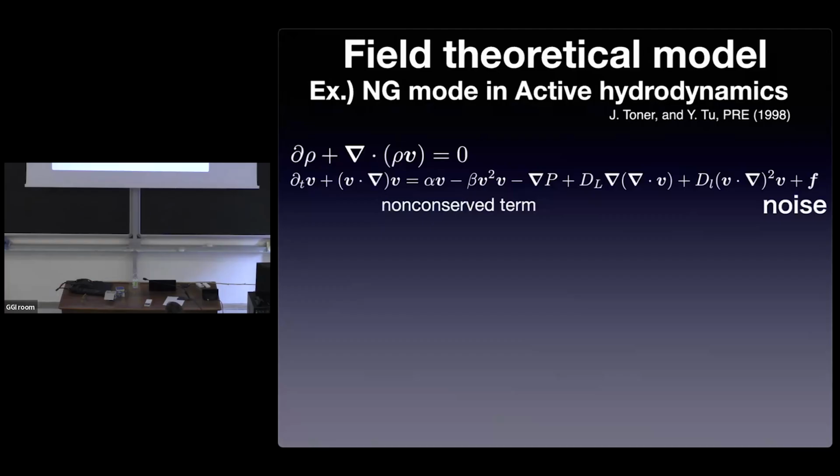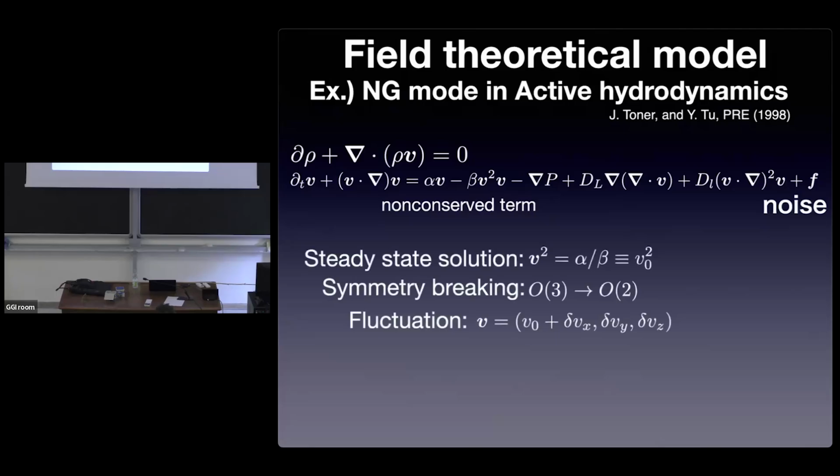If this term is absent, then this is nothing but ordinary hydrodynamics. But now we have a non-conserved term that depends on a parameter. Typically this parameter represents some friction or dissipation.